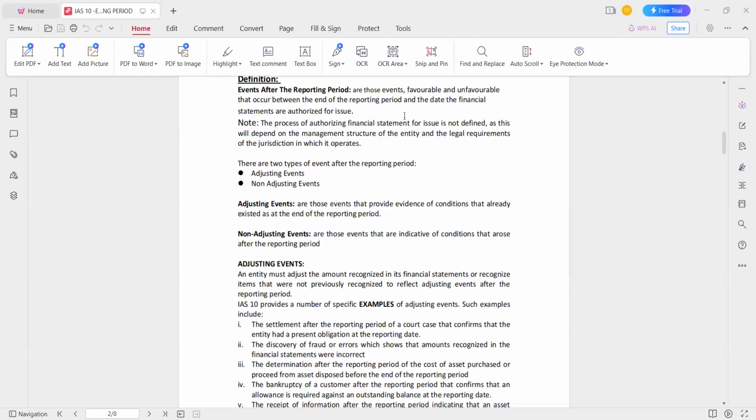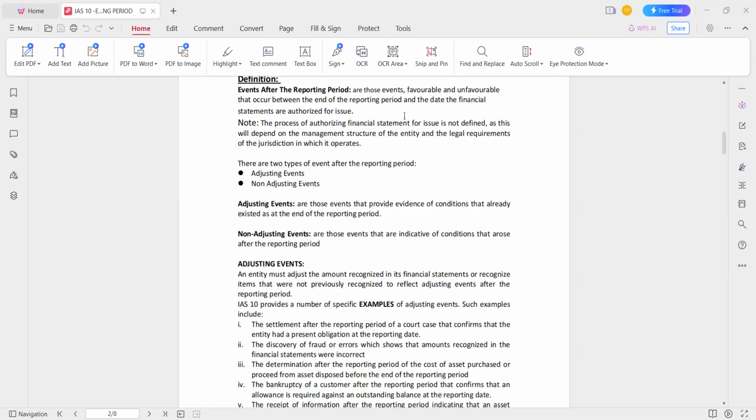Go ahead. You know, in Nigeria, for example, the period allowed by law is 6 months after the accounting year ends. So should we have a cutoff date?